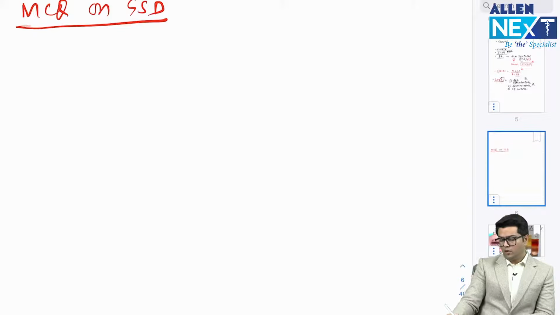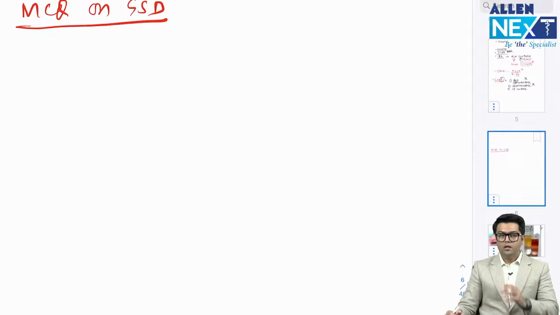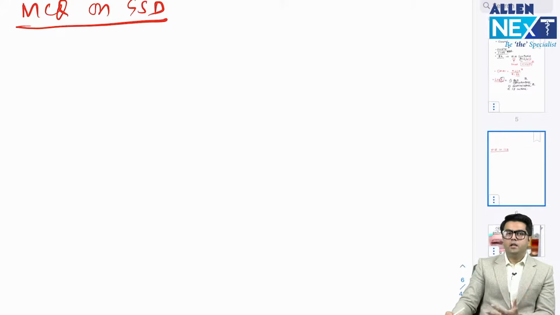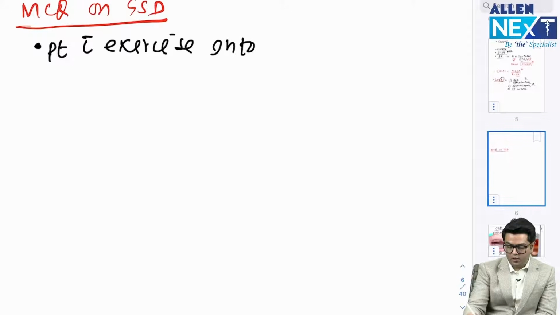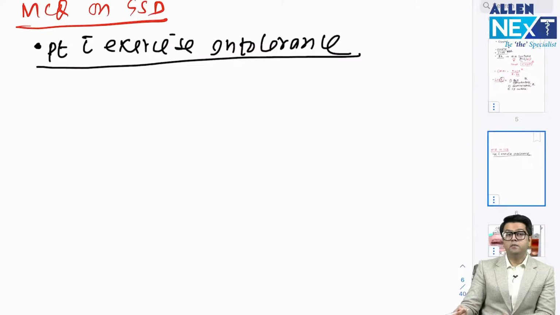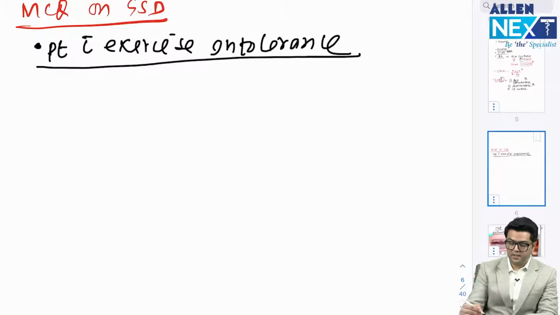Now the question says that the muscles are involved or the patient presents with exercise intolerance. So a patient with exercise intolerance, if that is presenting, that means muscle weakness. That simply means that it's not a case of two disorders, type 1 and type 6.